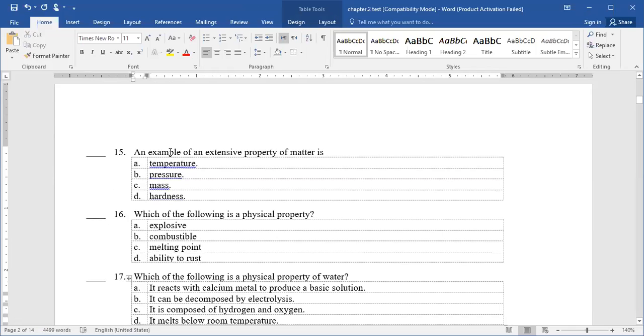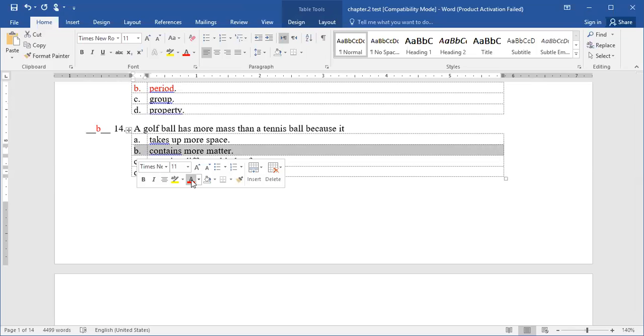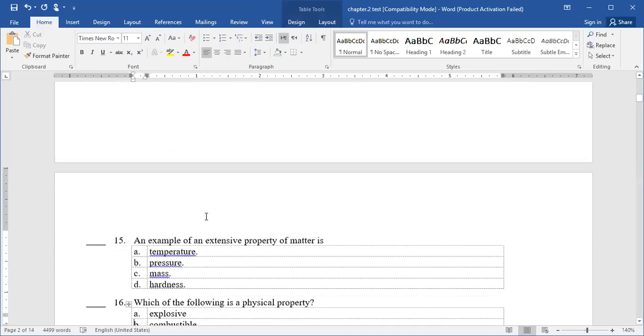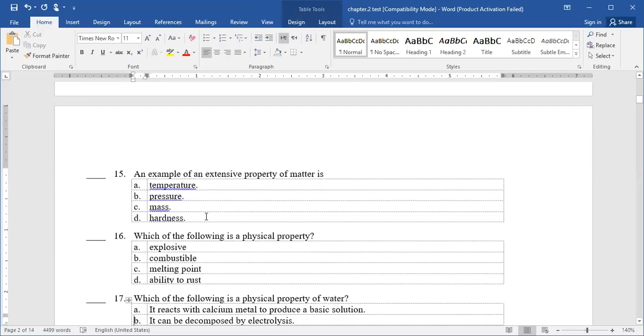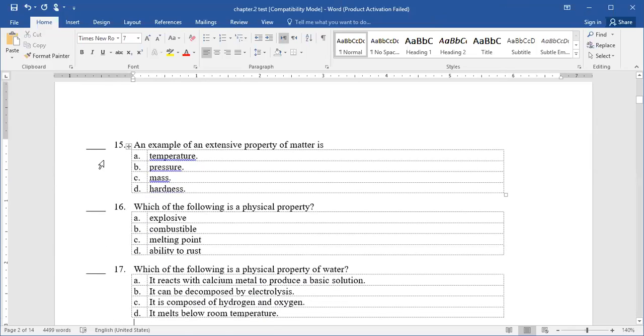An example of an extensive property that depends on the amount of matter will be exactly the mass.